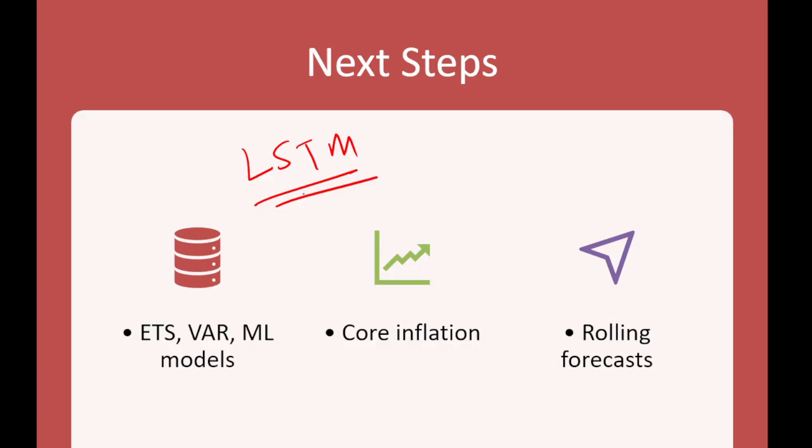If LSTM is doing better, then that can act as a benchmark for you. And then you could also do some adjustment on your ARIMA model just to be sure that you are using the best ARIMA model that is available to you.